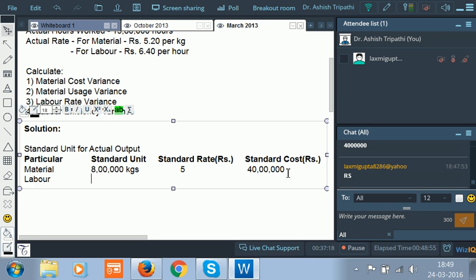Now let us calculate for labor. Tell me standard unit for labor. For 1 unit 4 hour. So for 4 lakh unit it will be 4 4s are 16.